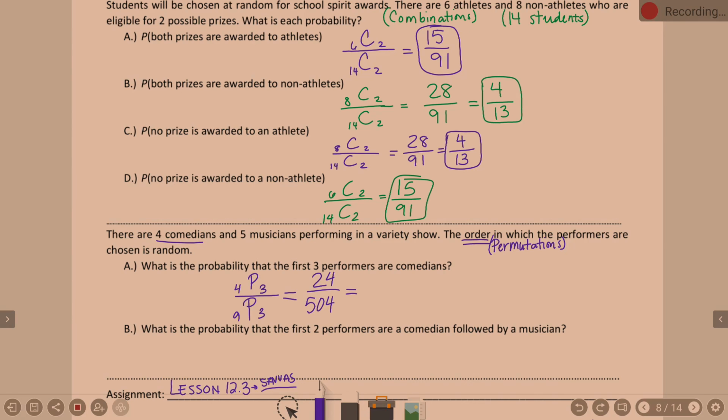I think I did the combination. I got 1 over 21. Yeah, 1 over 21. Okay. Do you still get 1 over 21? Yeah. I got that one. I had 4 over, because I did the combination. I got 4 over 84, I think.